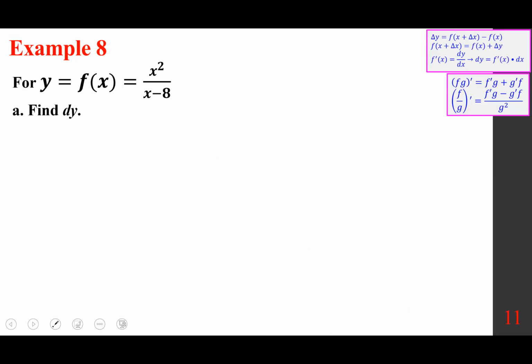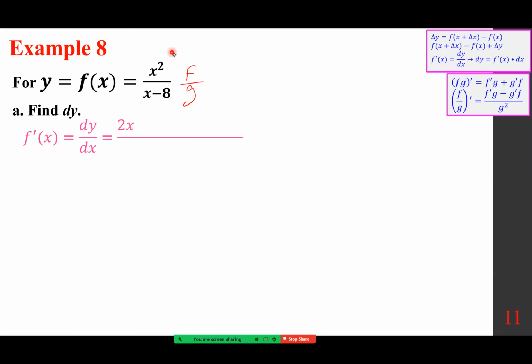We are asked to come up with dy, and to come up with dy, first we differentiate. We find f prime of x or dy dx, which requires the quotient rule. And so dy dx or f prime is the derivative of the top, which is 2x times the bottom, which is x minus 8.